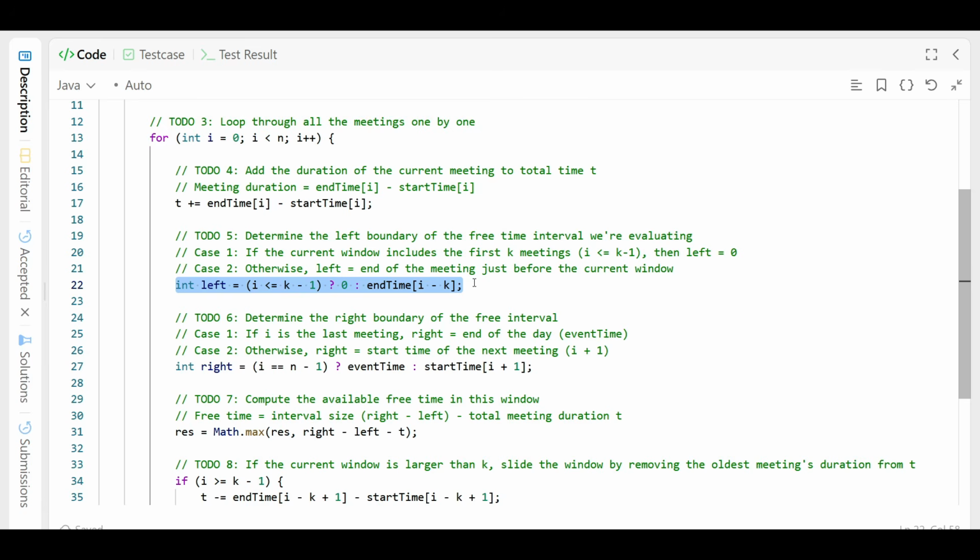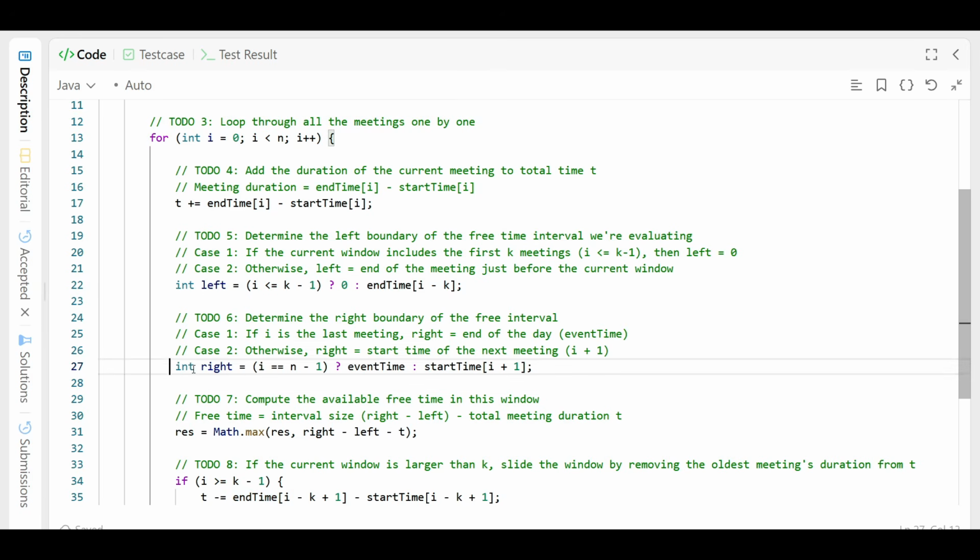Otherwise, left will be the end of the meeting just before the current window. So we'll write left and check the conditions: if the current window includes the first k meetings, then 0, else the left will be at the end of the meeting just before the current window.